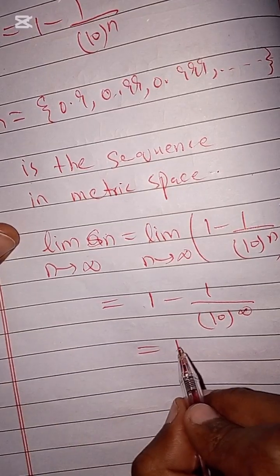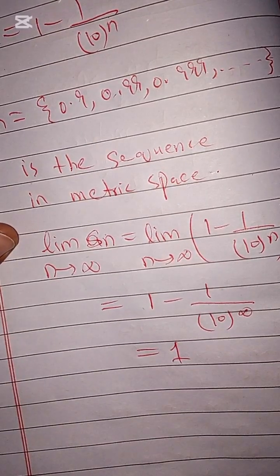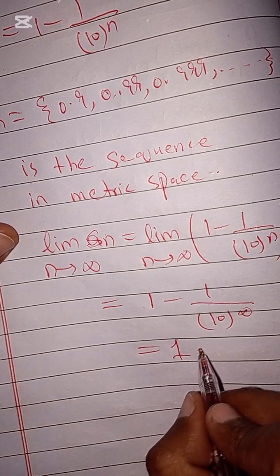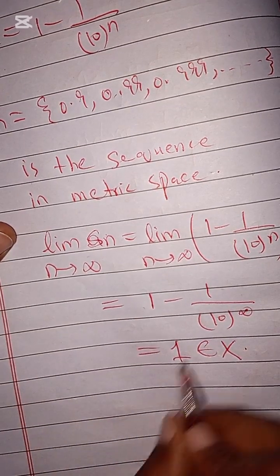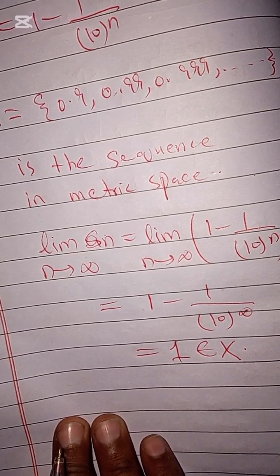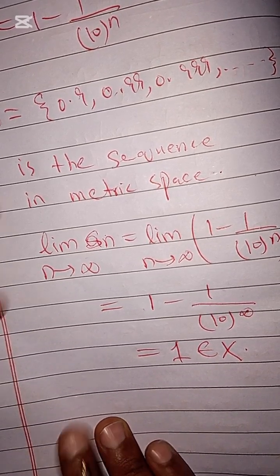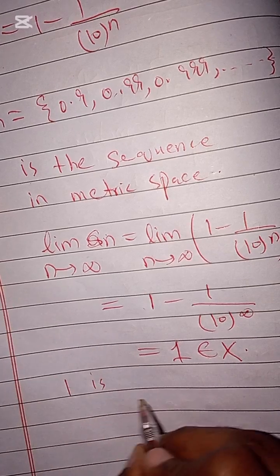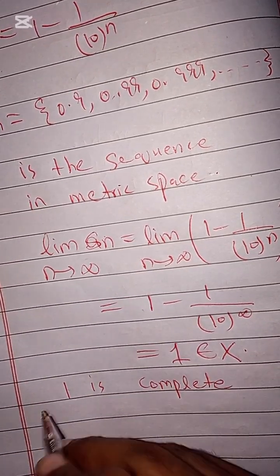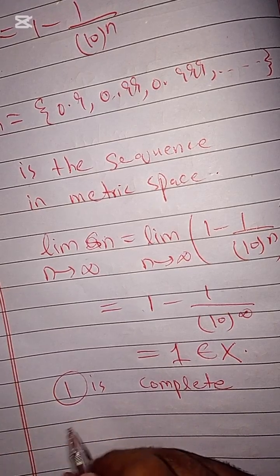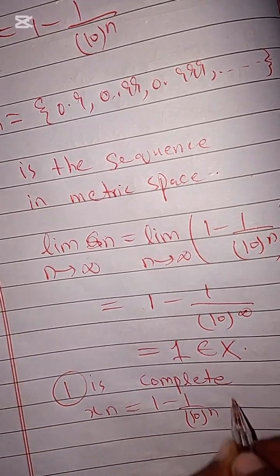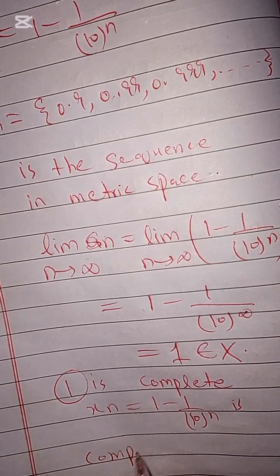So this converges to 1, and that metric X is basically based on the real numbers, so 1 is contained in capital X, because this is a real number. So this means that this sequence xn equal to 1 minus 1 over 10 power n is complete. So it is proved now.